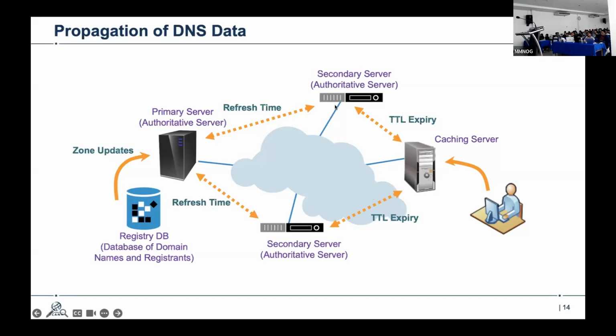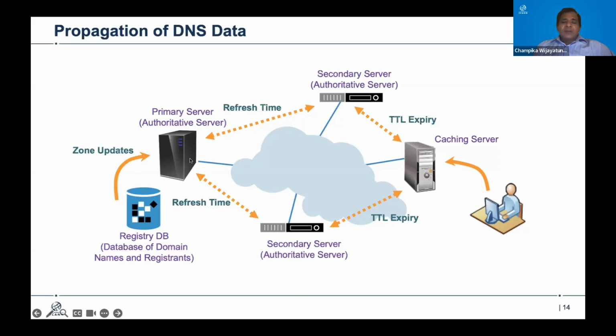But then you can actually flush the caches, okay? You can also flush the caches, and also there are things called notifications. For example, you can neglect these refresh times, and the primary can send some notifications to secondaries.